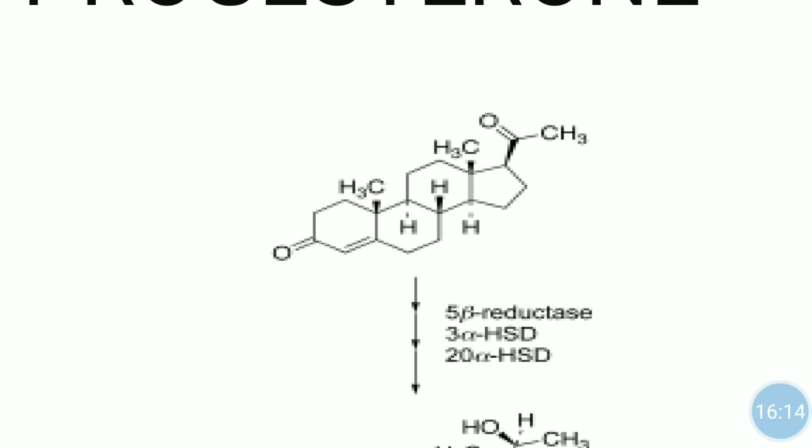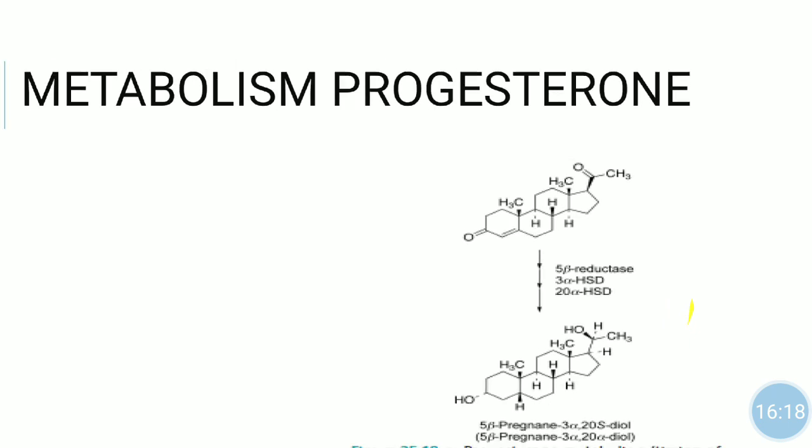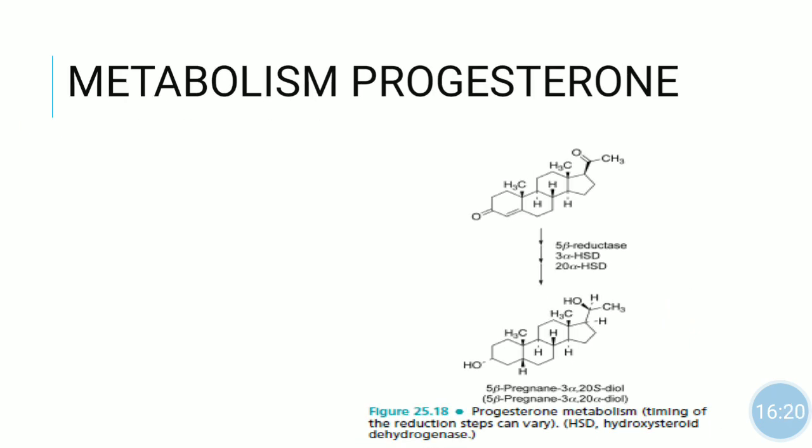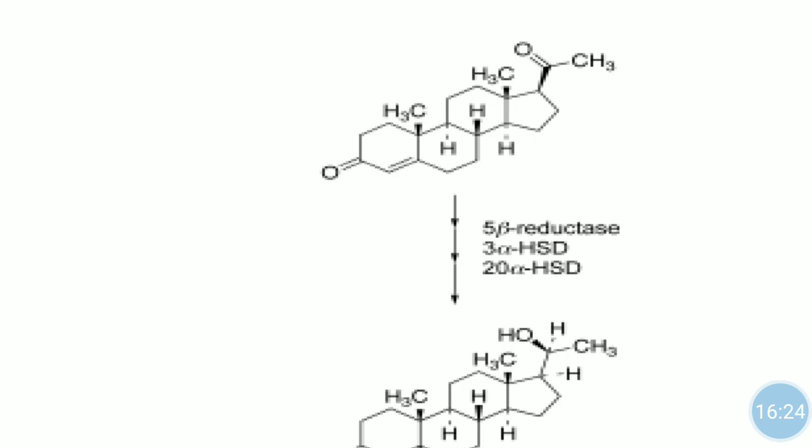Now this progesterone undergoes metabolism at 3 sites. Which are these 3 sites? The first is 5 beta reductase. The fifth position is reduced, and the orientation at that position becomes beta.